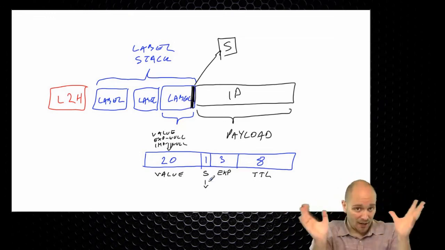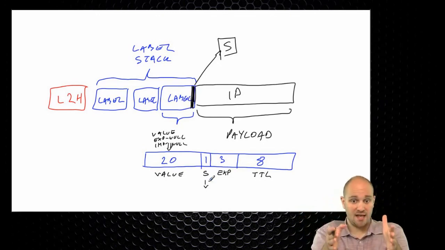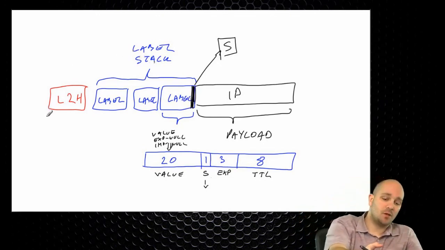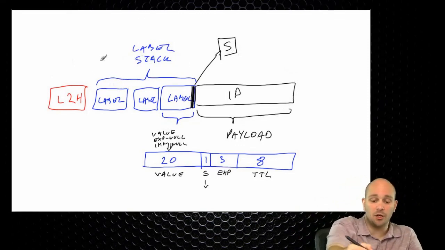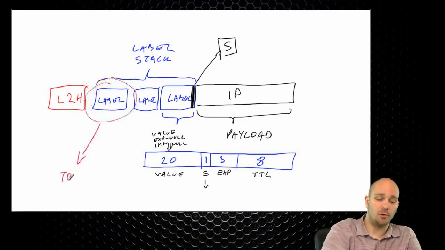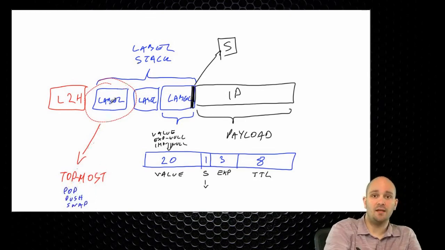And now, while I'm on the subject of looking at the actual packet, when we have a label stack like this, this label here is the label that we call the topmost label. So all the pop, push, and swap operations deal with only this label.